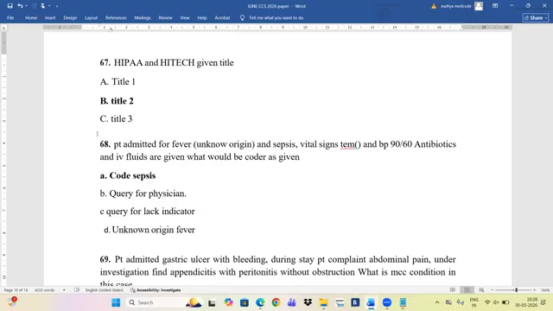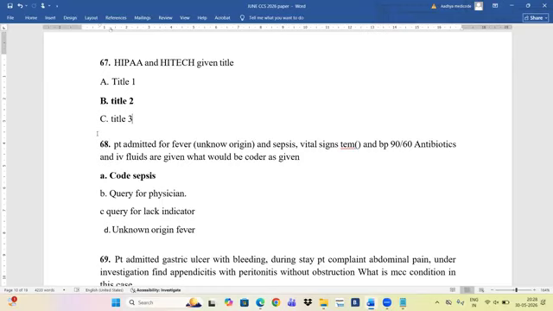Then, patient coming with the established diagnosis and symptom like fever. Fever and sepsis, vital signs, and antibiotic IV fluids also given. What should be coded or assigned? What do we need to code here? We need to code sepsis.